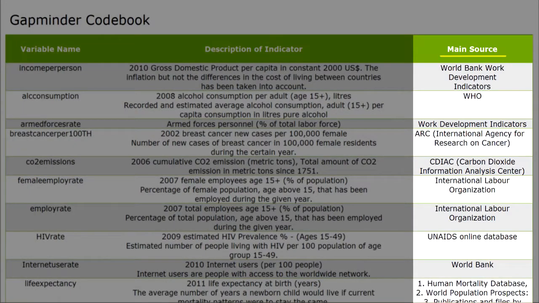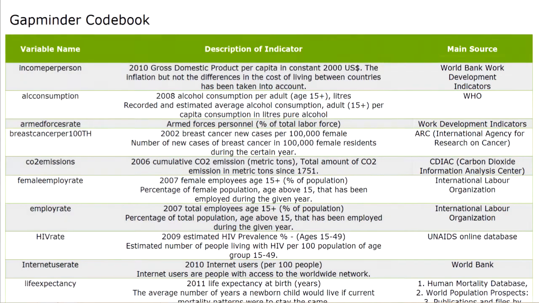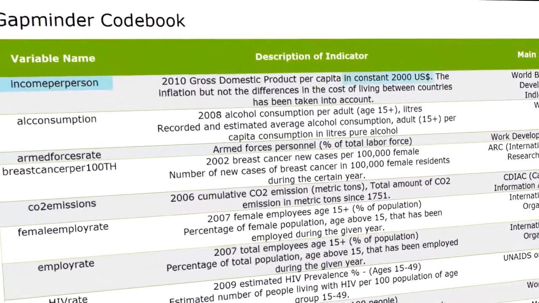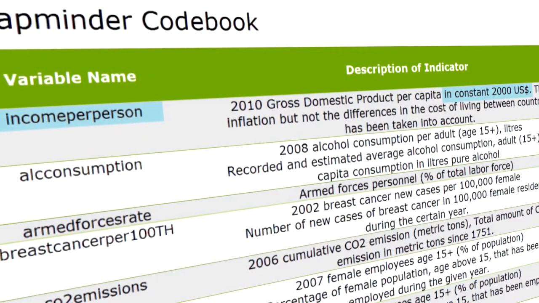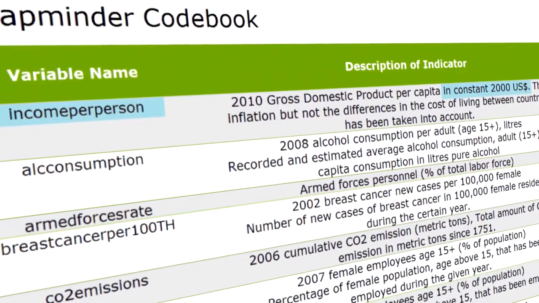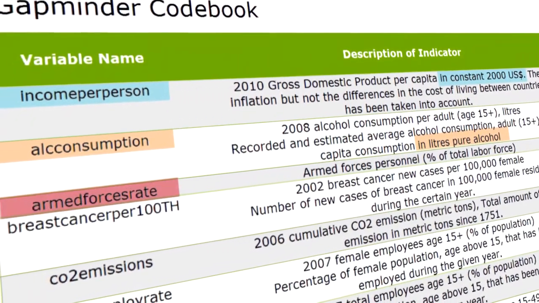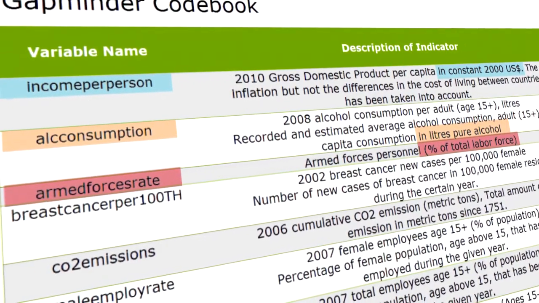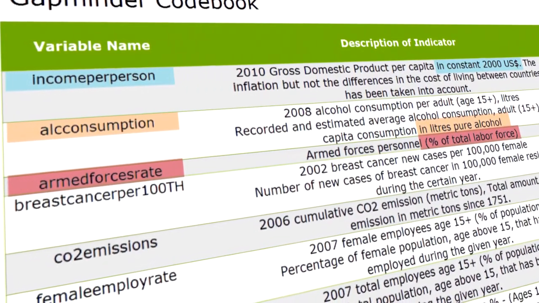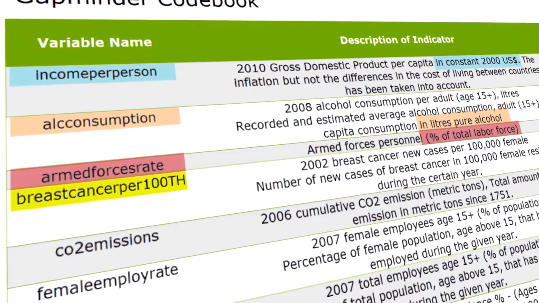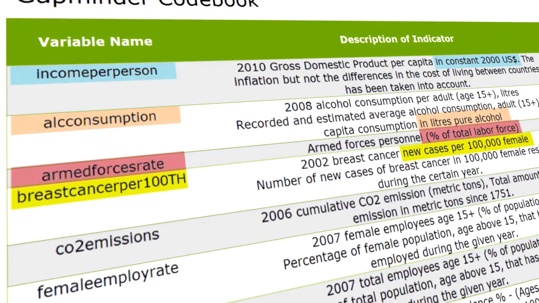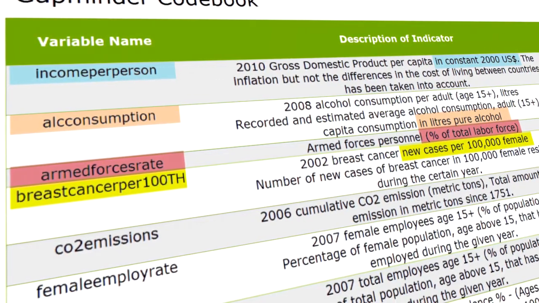The codebook includes information about how each of these variables were measured. You can see that income per person is measured in US dollars, alcohol consumption is measured in liters of pure alcohol, armed forces is measured as the percent of the total labor force, and breast cancer rate is measured as new cases per 100,000 females.